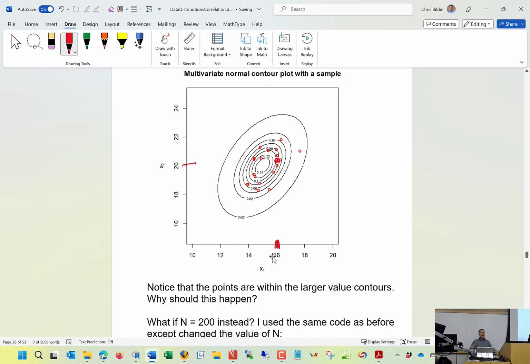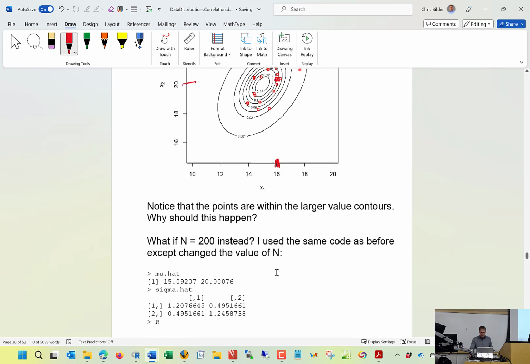Okay, and we can see that as we get closer to the middle of these contours, these points tend to have, let's say, a higher density of points. It's a little bit harder to see since I only have a sample size of 20, but that's essentially what's happening here. So these observations make sense relative to the contour plot. Notice we don't have a point out there. That wouldn't make sense because there's an extremely low probability of being that far out.